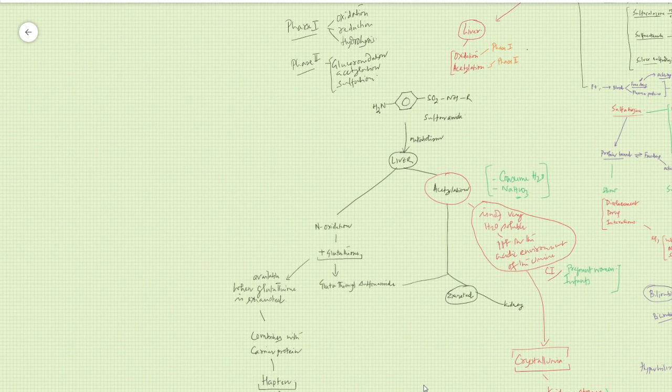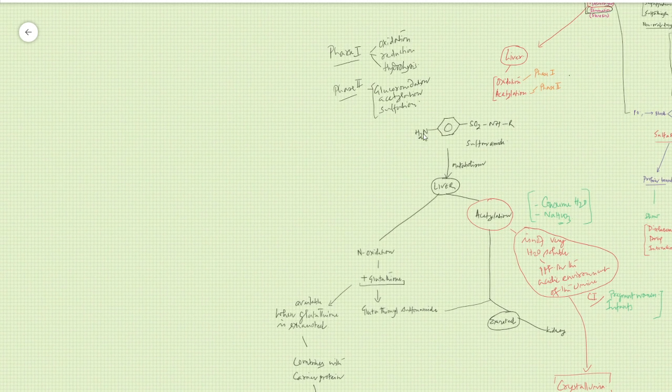There is one more consequence of the metabolism happening in the liver. In the liver, there is the enzyme cytochrome P450. If the metabolism happens through cytochrome P450, there might be drugs which interfere with cytochrome P450. They may be either cytochrome P450 enhancers or inhibitors.